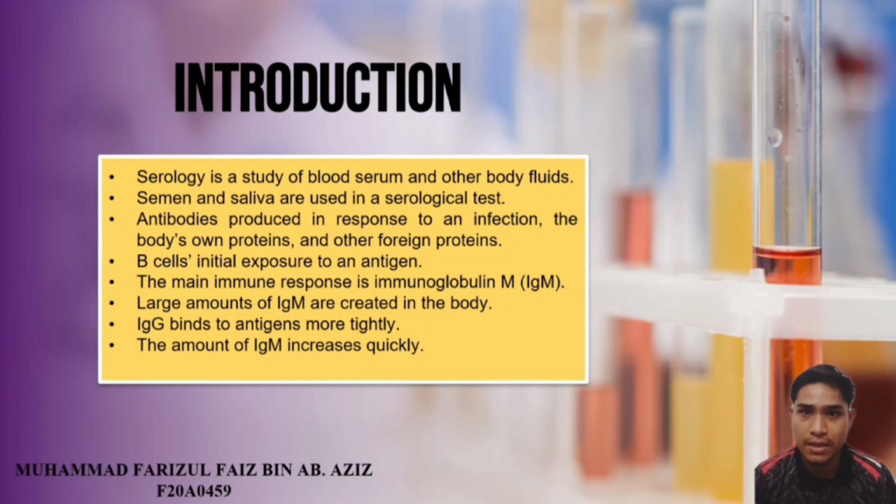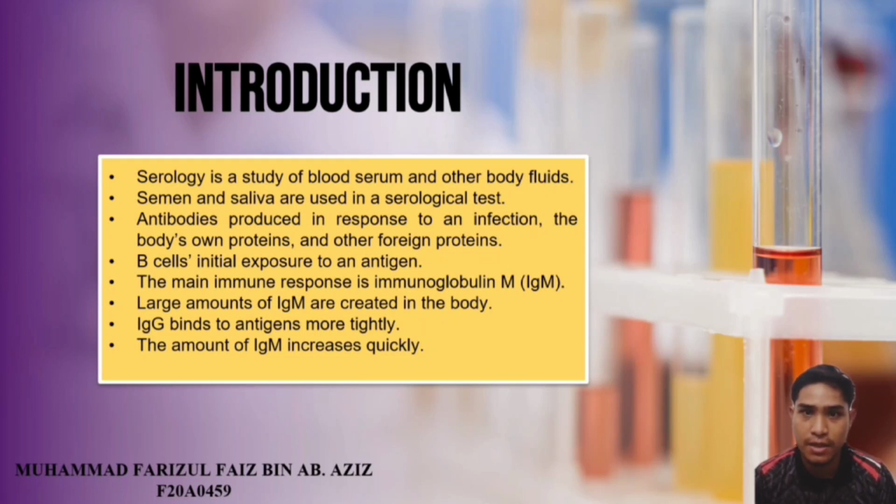Hence, the capacity of IgG to bind to antigen molecules more tightly makes it play a greater role in the elimination of antigens from the body after IgG is created in large quantities. The amount of circulating IgM increases quickly in the bloodstream during an infection.